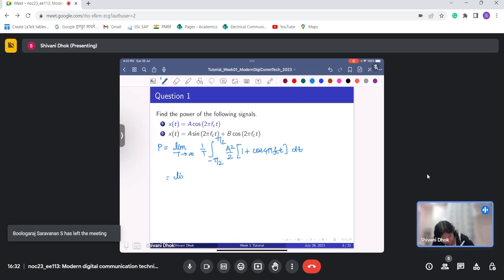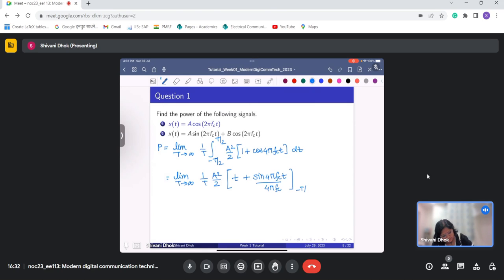This is equal to limit T tending to infinity 1 by T, A squared by 2, this is t plus sine 4 pi fc t upon 4 pi fc, from minus T by 2 to T by 2.